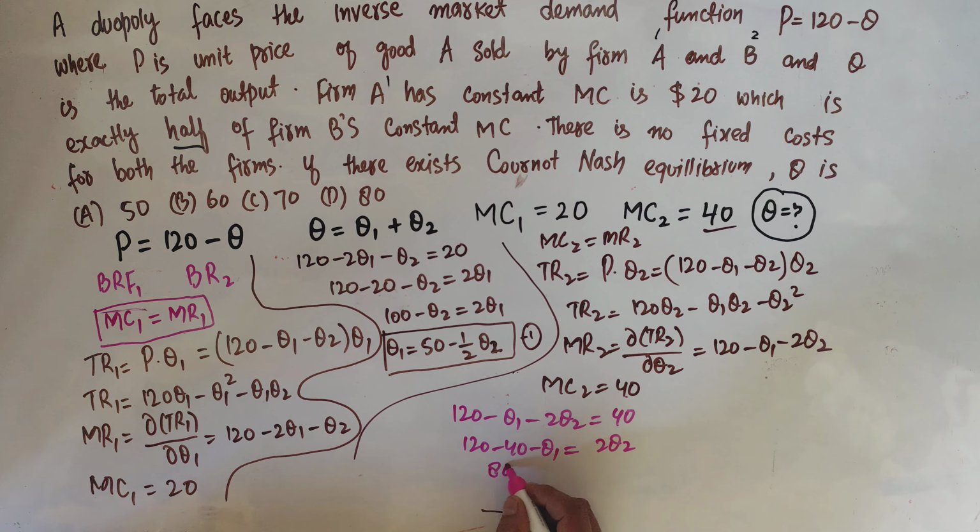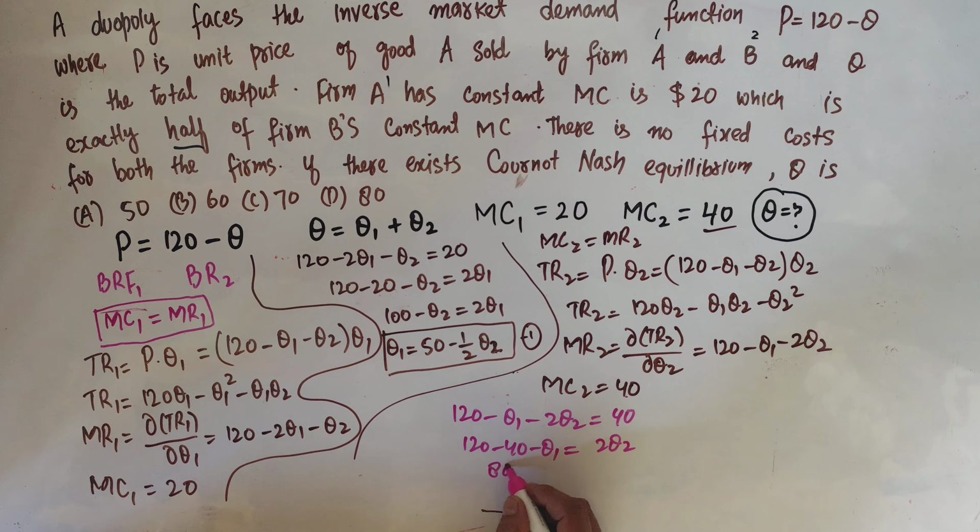So this becomes 4 Q2 minus Q2, which is 3 Q2 upon 4, comes out to be 15, or Q2 will be equal to 4 times 15 divided by 3, which comes out to be 20. So Q2 will be equal to 20.